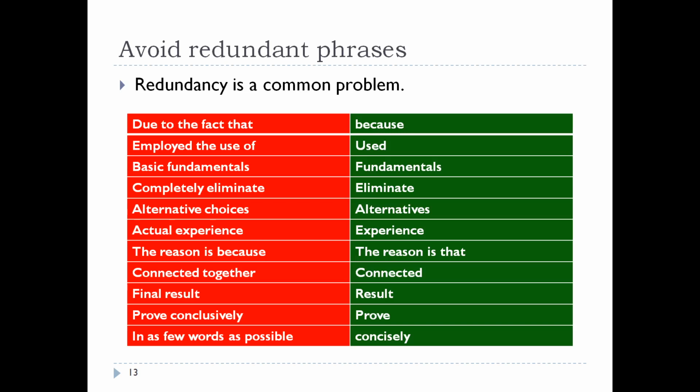Okay, result is always final, but we commonly use final result. So this is a redundant phrase. We should not be using it. Prove conclusively. So when something is proved, then it is conclusive. If it is not conclusive, then it is not proved. So you should be using proved, in as few words as possible, concisely. Now this is not an exhaustive list, so there may be other phrases that might be redundant, and you should try to identify those phrases and replace them with more concise phrases.